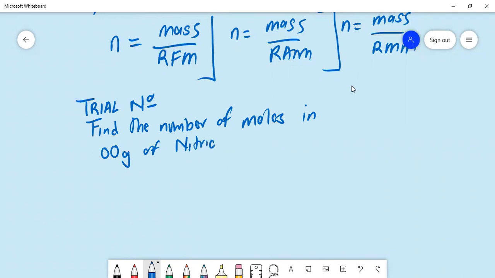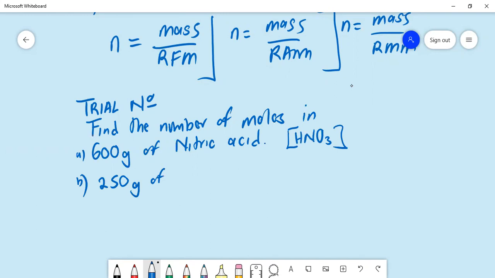Nitric acid is the same as hydrogen nitrate. I'll give you a clue, which is HNO3, nitric acid. This is 600. That's part A. Part B, 250 grams of ammonia.